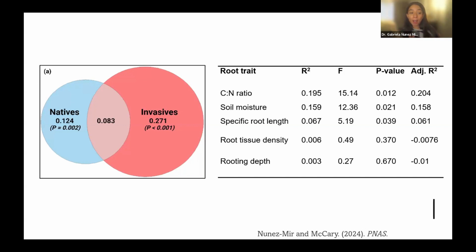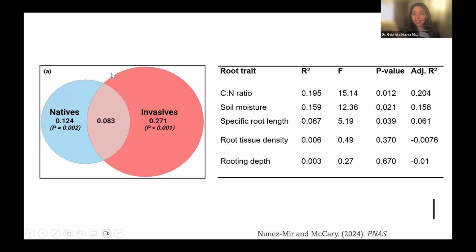Altogether, though, they explained quite a bit of microbial composition, which emphasizes the role of plant roots in structuring soil communities. And we believe they have been overlooked for too long. We should be putting more emphasis in getting more data on the traits of roots of both native and invasive plants. Now, the results on the right are from the longitudinal study.